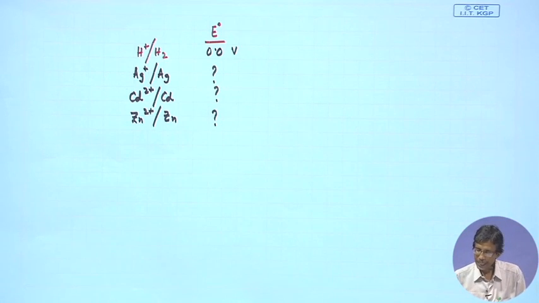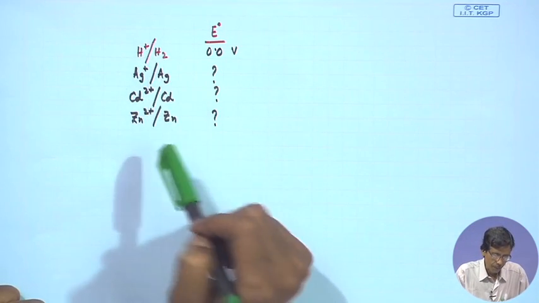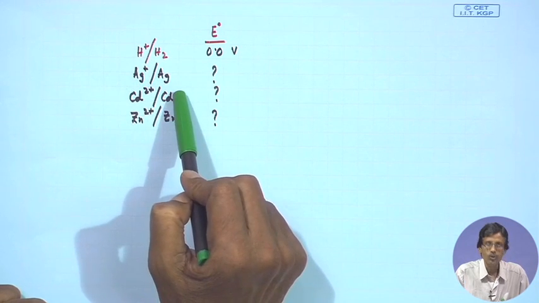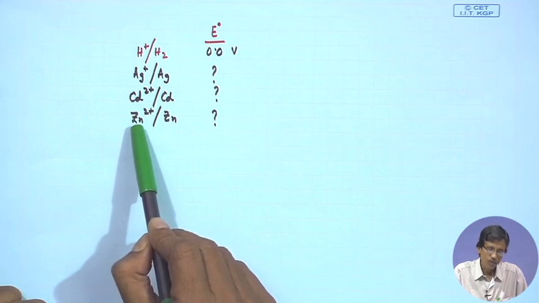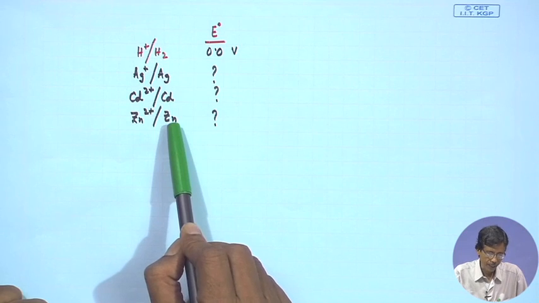By looking at the reactions, we can have some good idea about the tendency. If we consider these pairs, on the left you have the species which can be reduced to the species on the right hand side. That means all 4 species on the left can be reduced to all 4 species on the right.